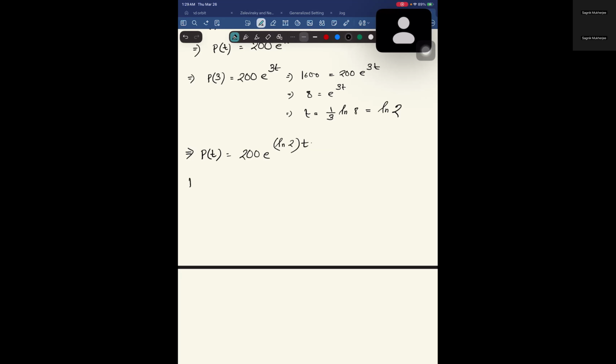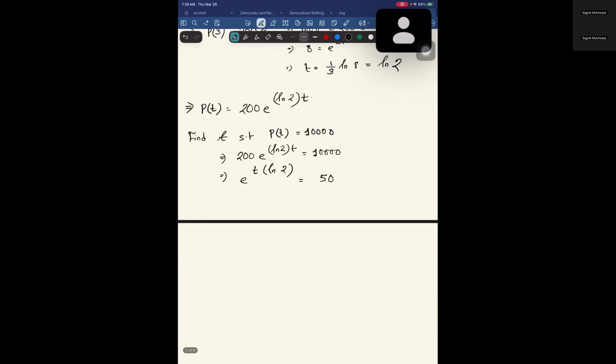So that means find t such that P of t is 10,000, meaning you have to solve the following equation, which is extremely easy because this is nothing but e power t log 2 is 50, right?